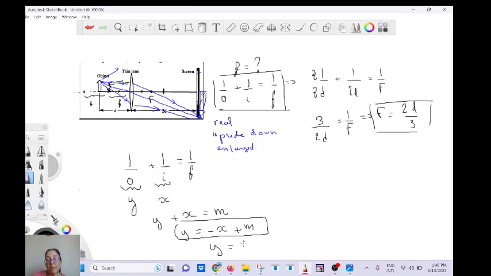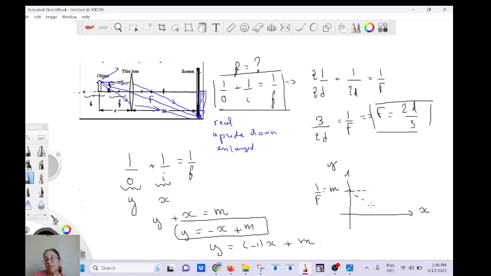So it's going to be minus 1x plus M. Okay, so that means if you have y here and x here, when x equals 0, you have M, which is 1 over the focal length, and the slope is minus 1.